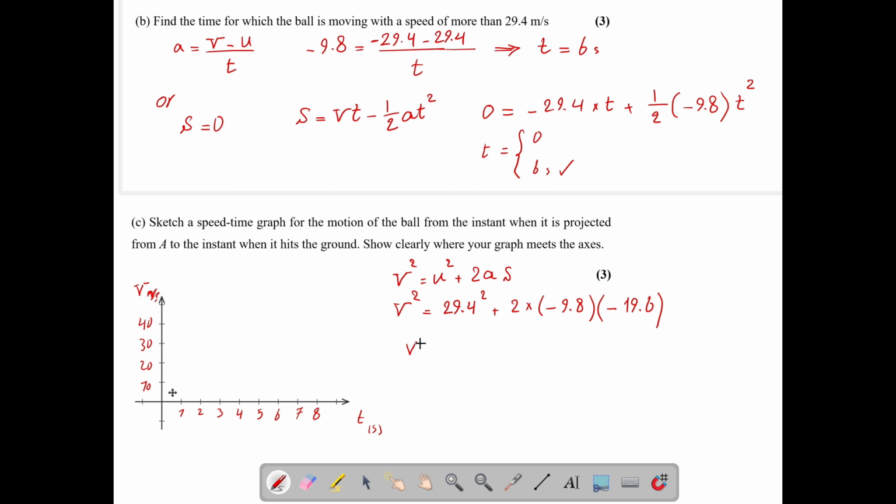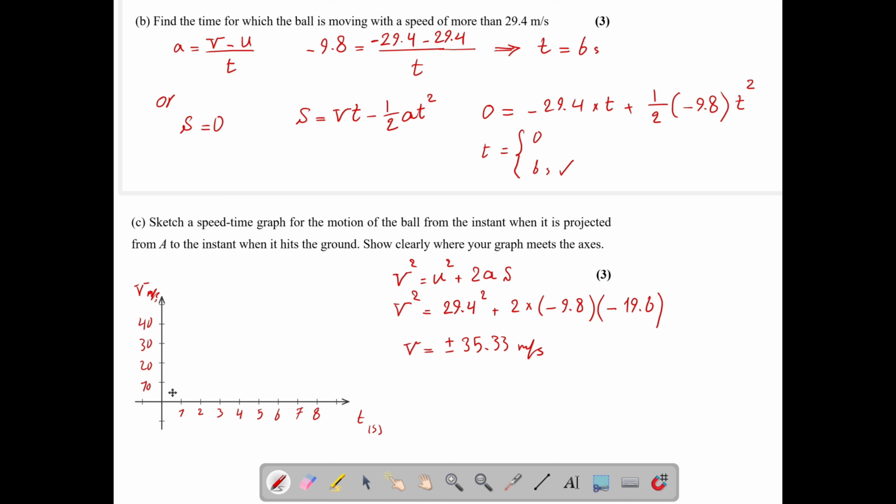Okay, if you calculate it, velocity will be plus or minus 35.33 meters per second. But we will accept, if it is velocity, we will accept minus 35.33.